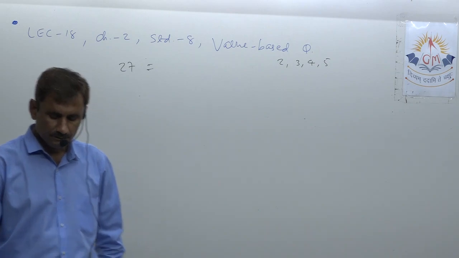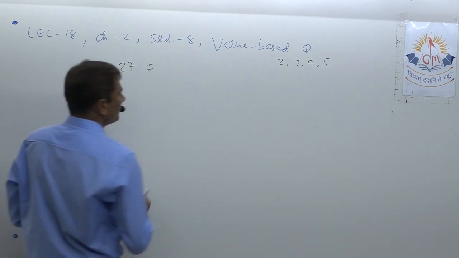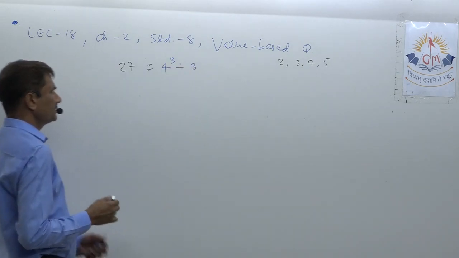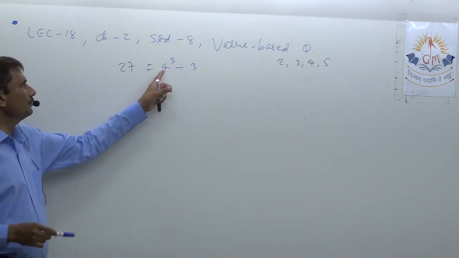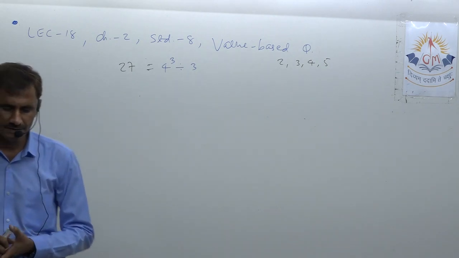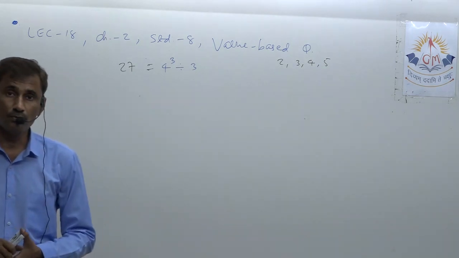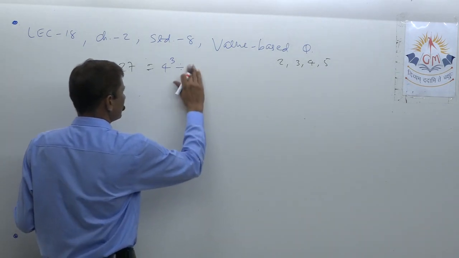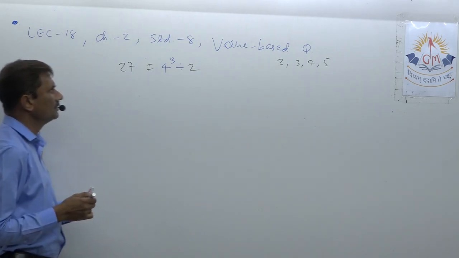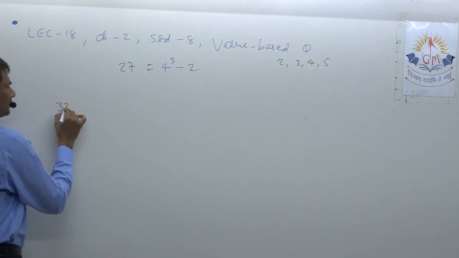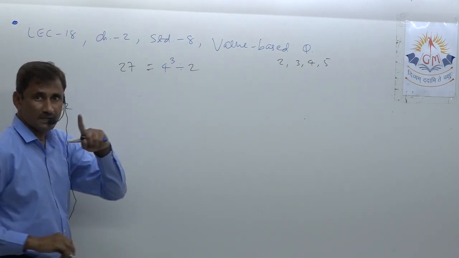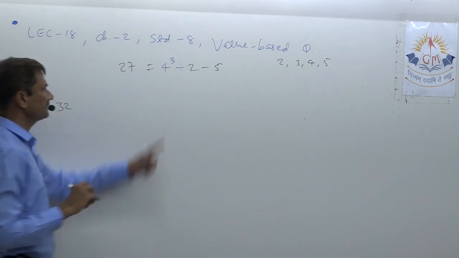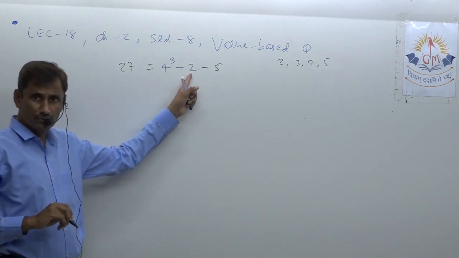So if I get here 4 cube divided by 3, let's see how much it is. 4 cube will be 64. 4 fours are 16, 4 sixteens are 64. 64 by 3 is not possible. So let's divide by 2. So 64 by 2, 32. Now 5 is left. So if you make here minus 5, then obviously it will be 27. 64 divided by 2, 32 minus 5.